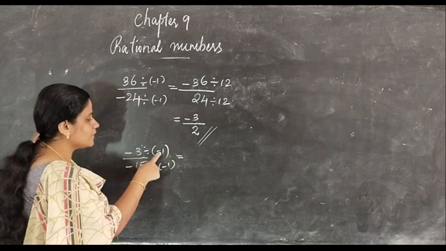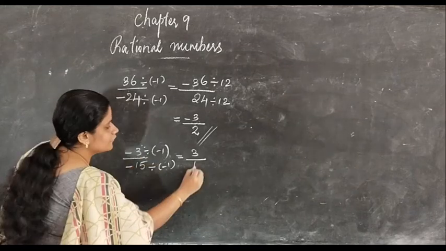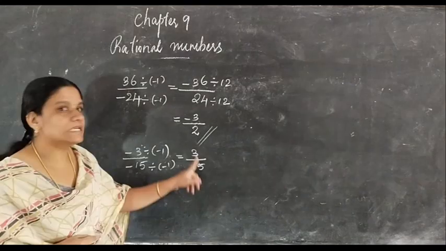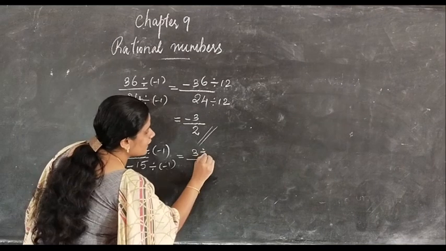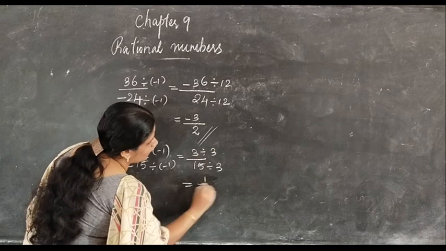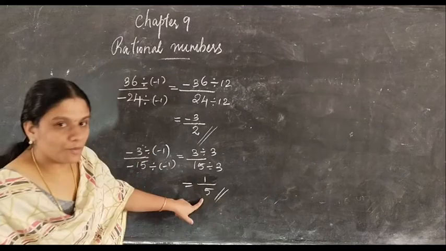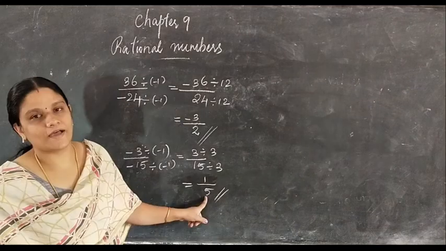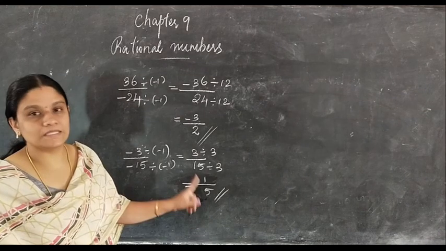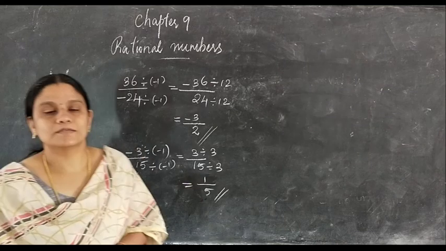Negative 3 divided by negative 1 is 3, by 15. Here we have to divide by the common factor, so the answer will be 1 by 5. Now the denominator is a positive integer, and the numerator and denominator have no common factor other than 1. Therefore, 1 by 5 is the standard form.